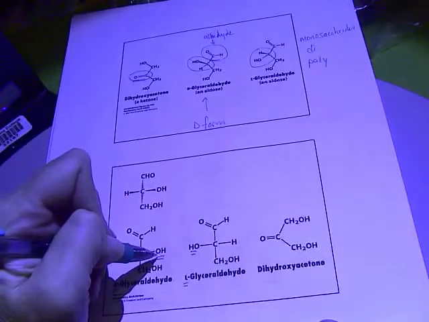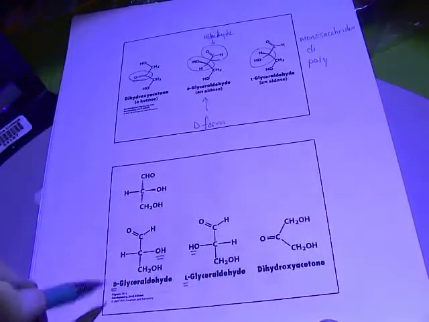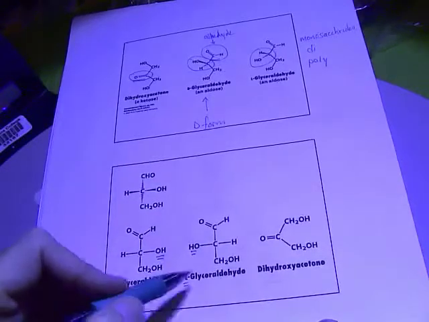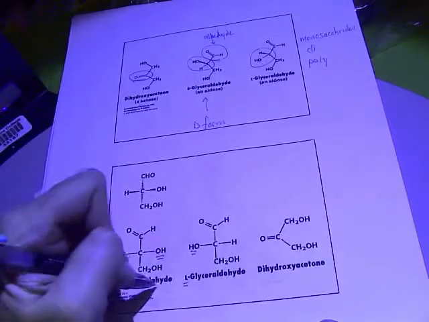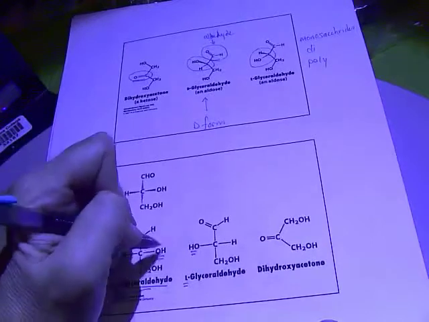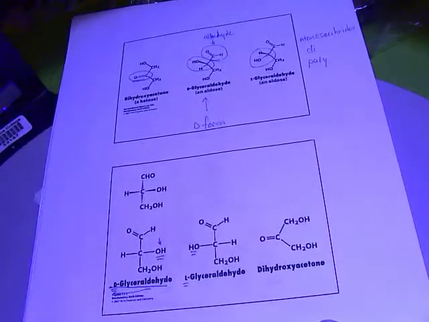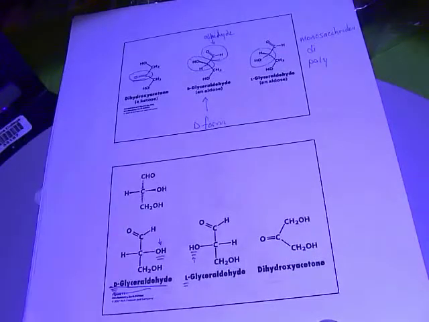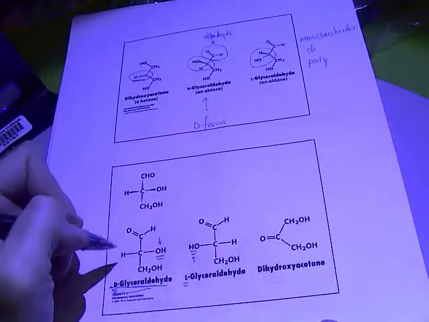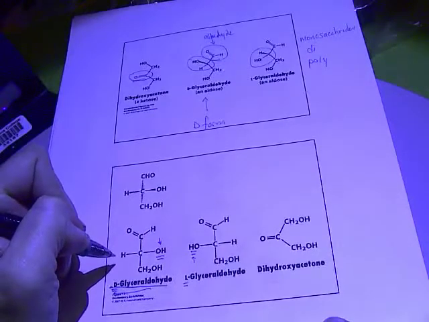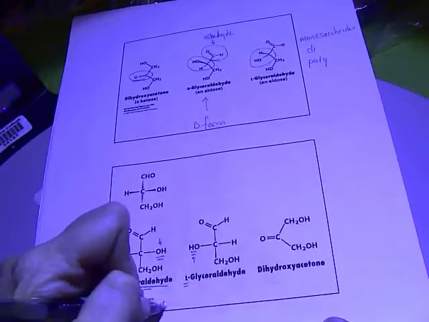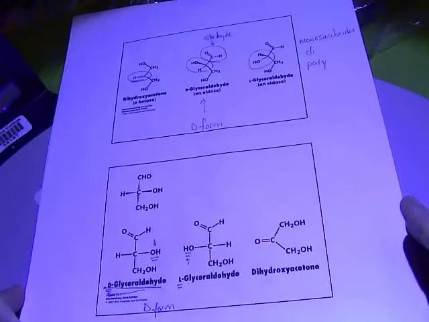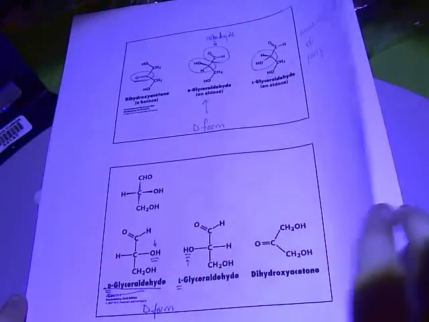So the location of where the OH is determines whether it is right-handed, D, or left-handed, L. And D-glyceraldehyde, okay, means that the OH is on the right-hand side of the Fischer projection, and L means that the OH is on the left-hand side of the Fischer projection. And I will tell you that the sugars that we metabolize in nature are always the D form. Okay, so there is always direction, and the way in which these are going to form the polymers is going to become important in a moment.